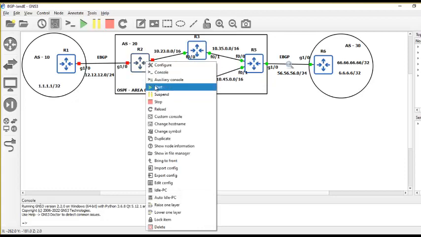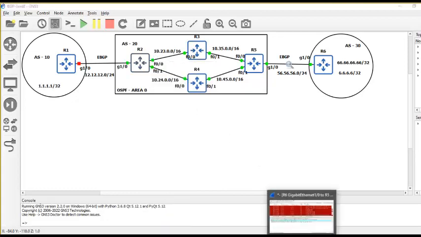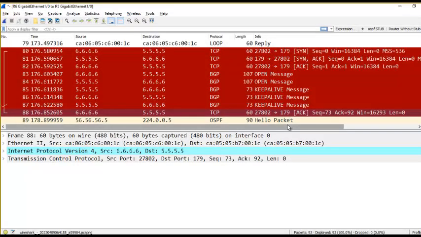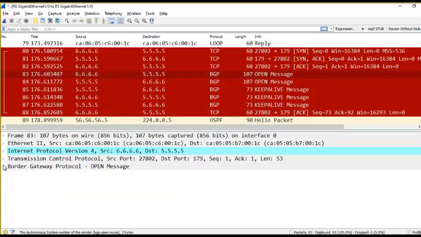Right, as that is booting, I also want to take you back to the Wireshark. Listen, if I open a BGP packet now, what will be the TTL value? Can someone say what will be the TTL value? 2.